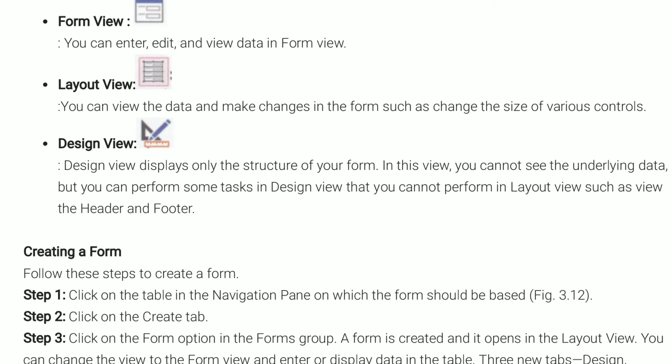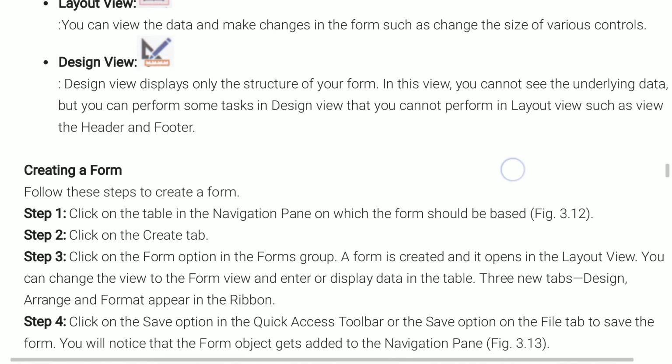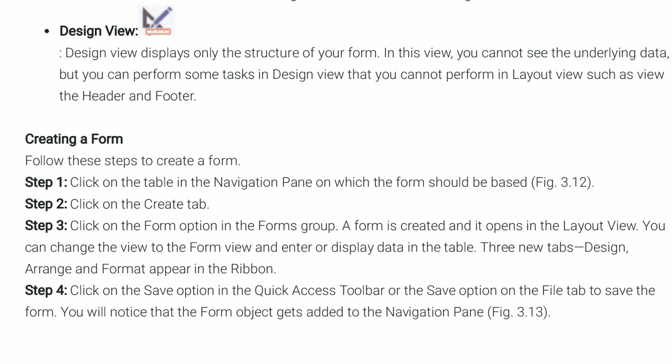The next view is design view. The design view displays only the structure of our form. Using the design view, we cannot see the underlying data or any information from the database table through which this form is connected.